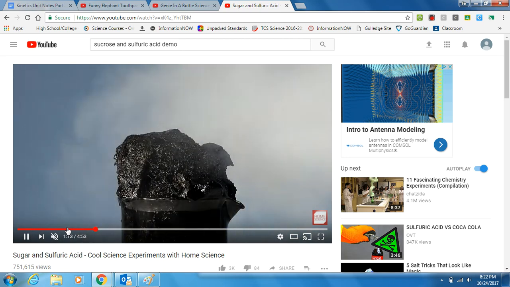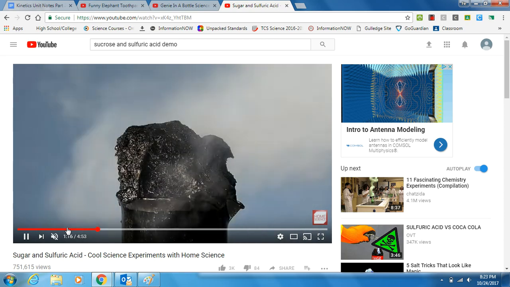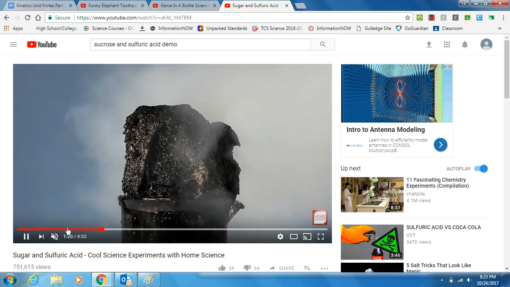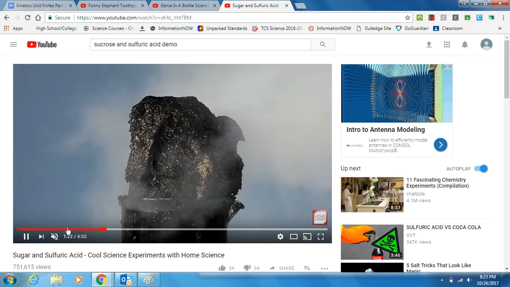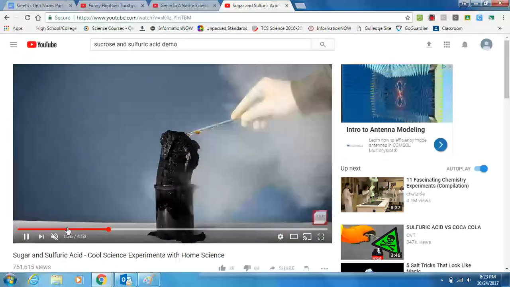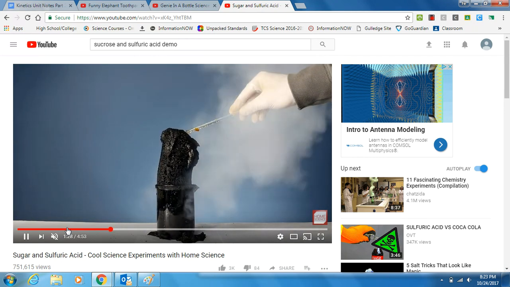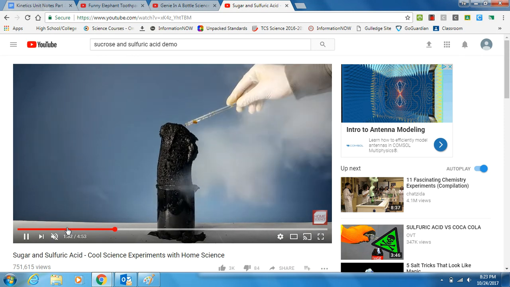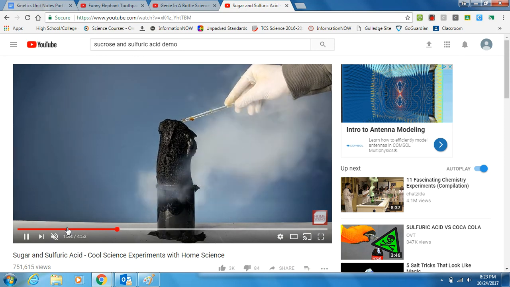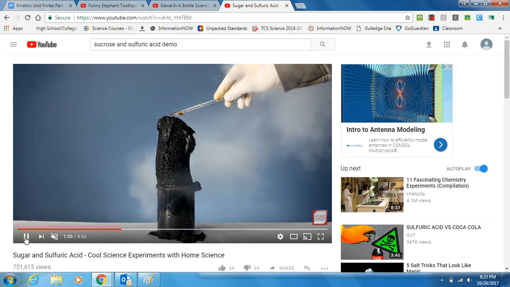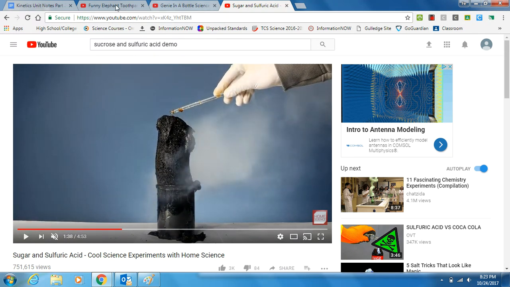So what we probably have being produced in addition to that is some water that's being vaporized, maybe some carbon dioxide gas, and different things like that. They call this, I think, the carbon snake reaction. But it's really cool because all it is, is sugar with some sulfuric acid added to it. So it's pretty cool. And again, I'll show you these demonstrations. Just remind me to show it to you in class.